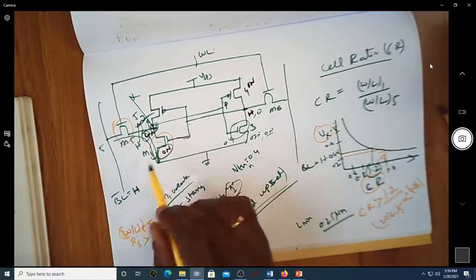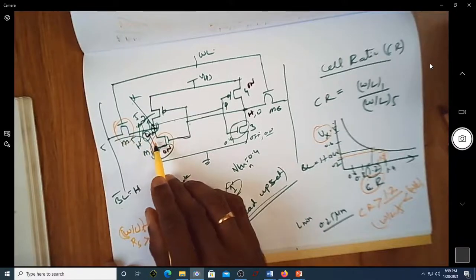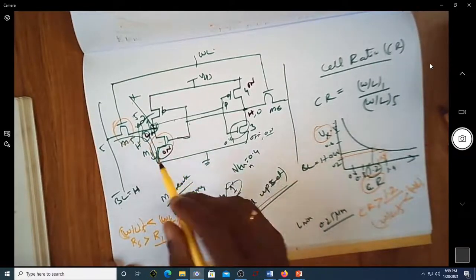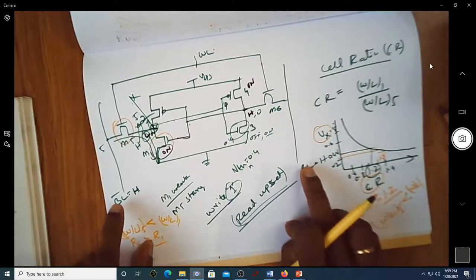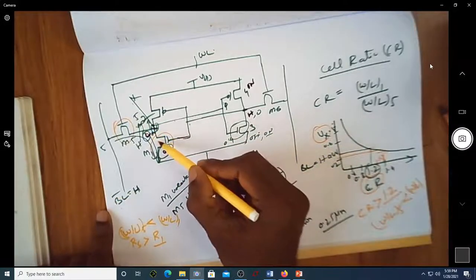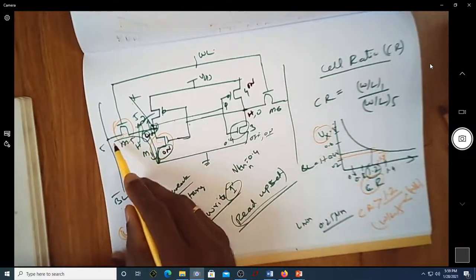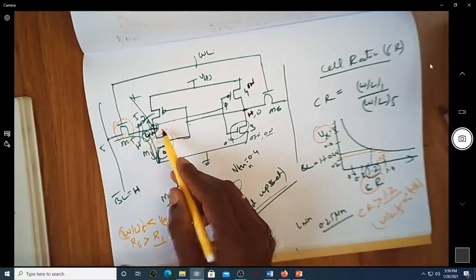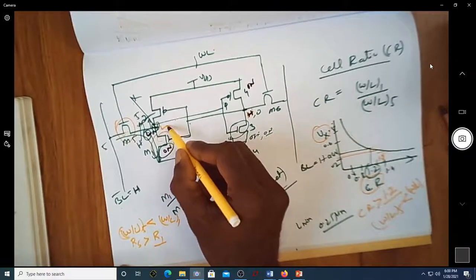So what is the implication of the resistance offered by this being more and the resistance offered by this being less? During the read operation you precharge both of them to high. You know that earlier you stored a value of bit equal to high, so naturally this node is low.